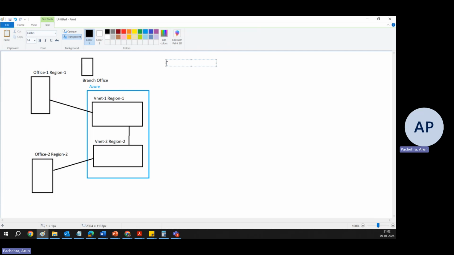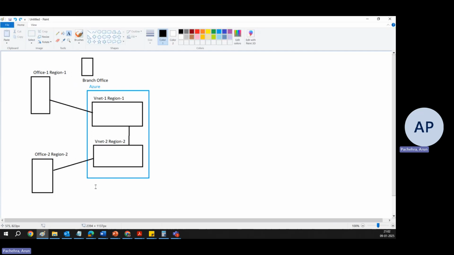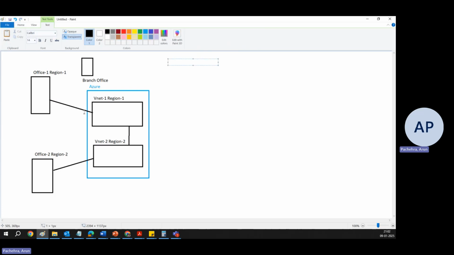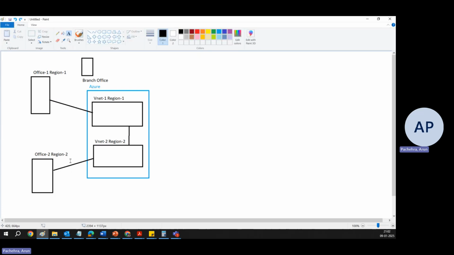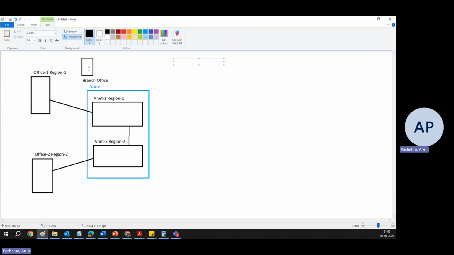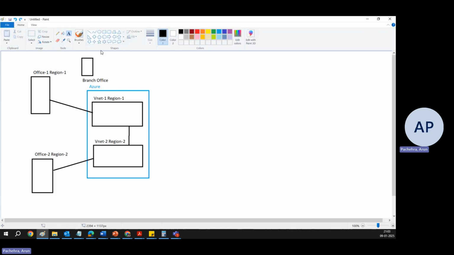But the kind of scenario this is, one in America, another one in Asia, right? So the distance and the kind of connectivity we have, it must be VPN, maybe MPLS, right? So it doesn't matter. Usually this branch office is connected through VNet, maybe it's another VPN, or if we also have remote users, then there must be point to site connectivities.